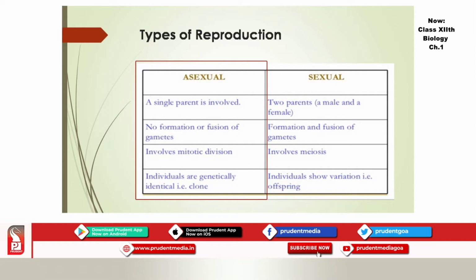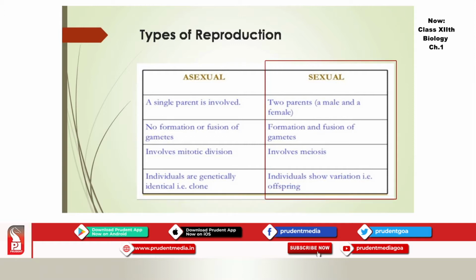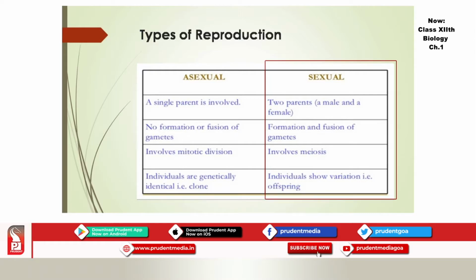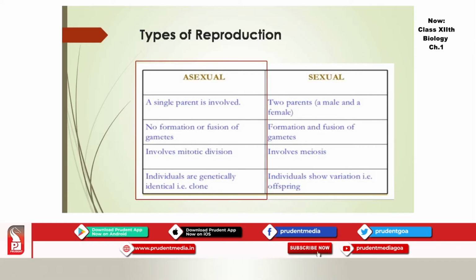In asexual reproduction, there is no formation or fusion of the gametes. In sexual reproduction, there is formation and fusion of the gametes. In asexual reproduction, the mode of cell division is mitosis, whereas in sexual reproduction, it is meiosis. And finally, in asexual reproduction, there is no genetic variation, and therefore it doesn't have evolutionary significance.